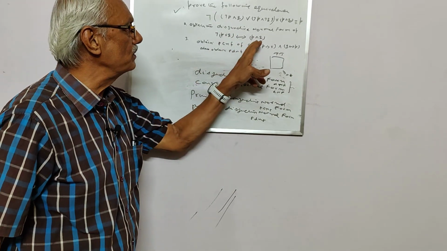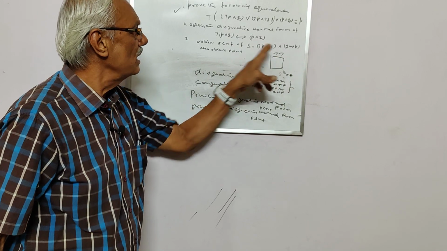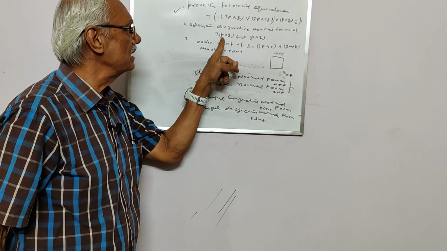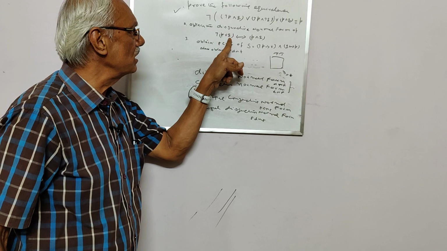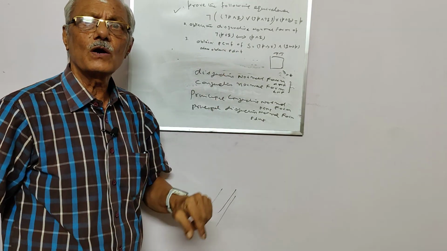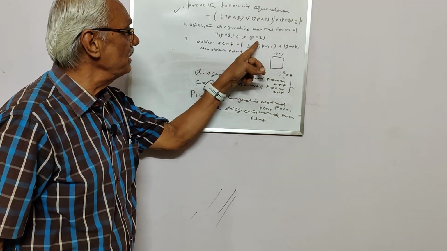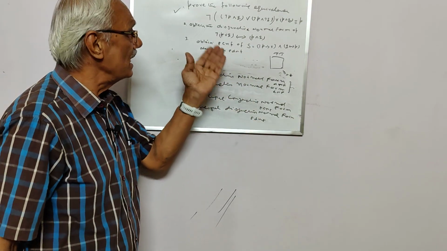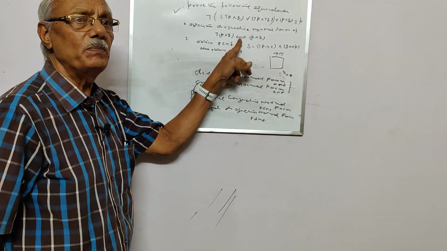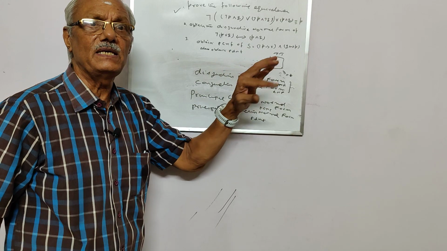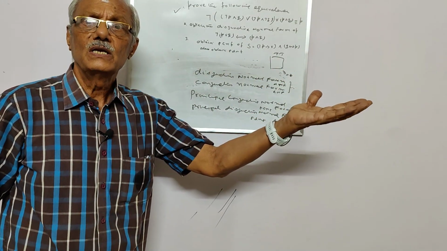This is called your compound proposition because P is an atomic proposition, Q is an atomic proposition, P union Q is a compound proposition, and P intersection Q is a compound proposition. Again the whole thing I have used two-way implication, and this two-way implication has made it a compound proposition.